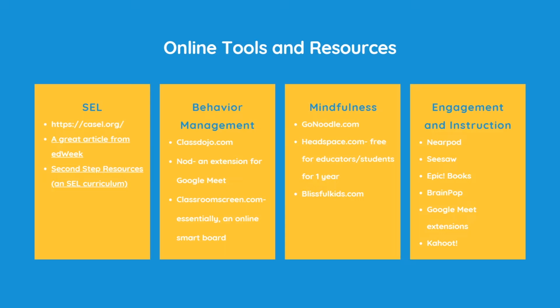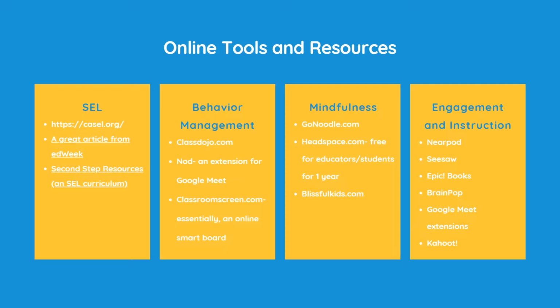So first, in the SEL section, I've provided some resources that connect to CASEL, C-A-S-E-L, which is the Center for Academic and Social Emotional Learning. CASEL is an excellent organization that seeks to improve our ability as teachers and parents to bring social emotional learning into classrooms and students' lives.